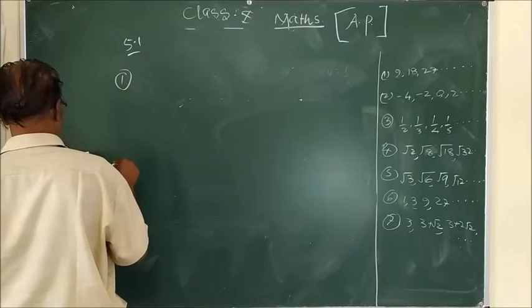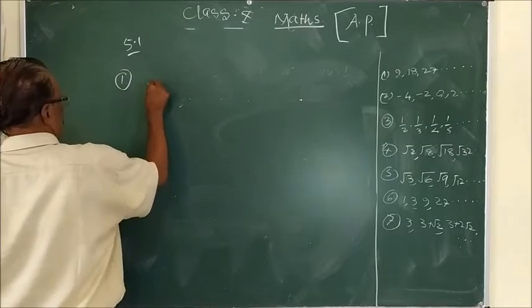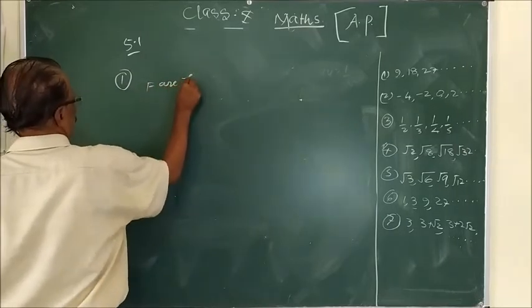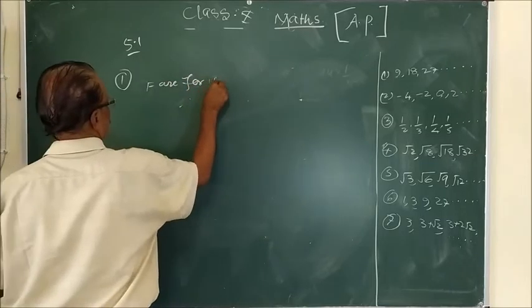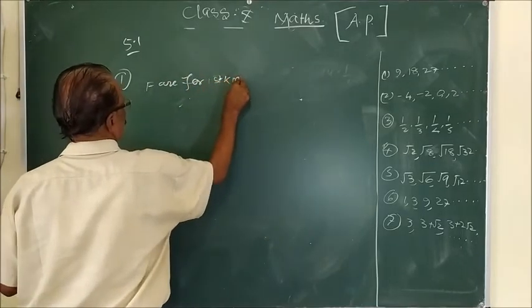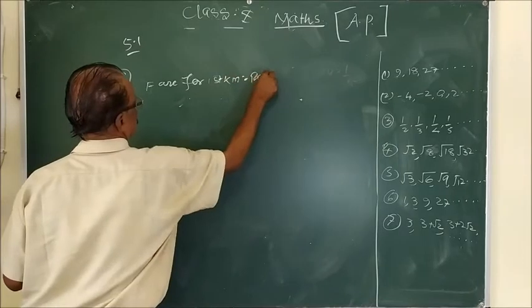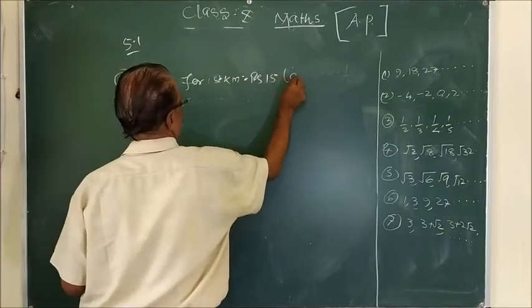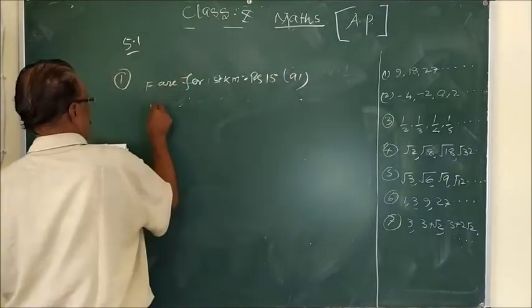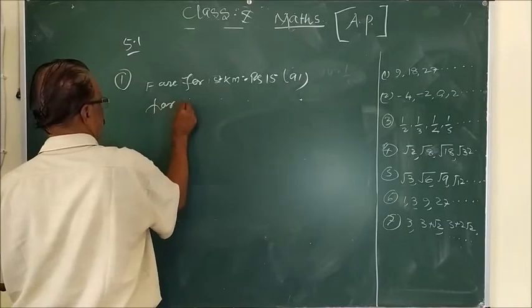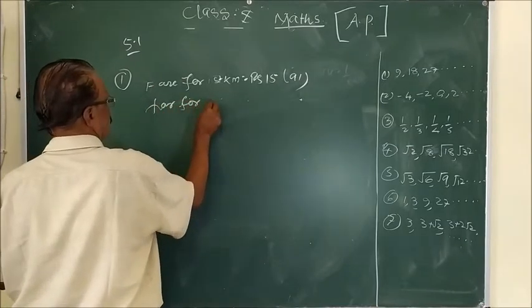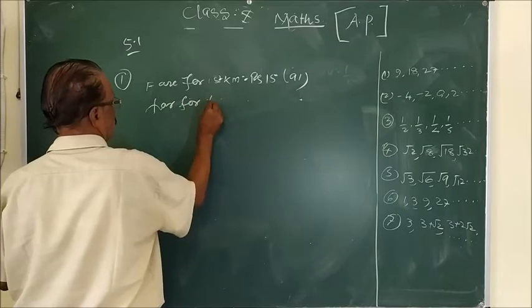The fare for first kilometer is rupees 15. This is A1, the first term. Fare for 2 kilometers.